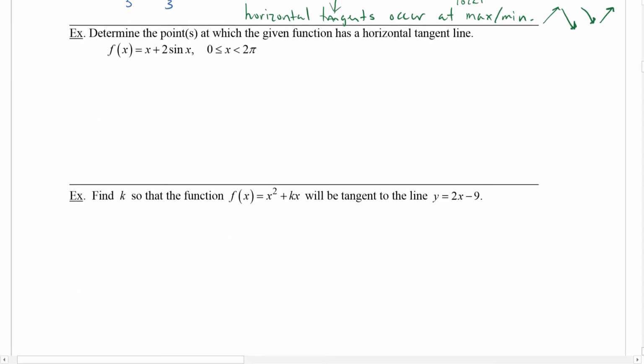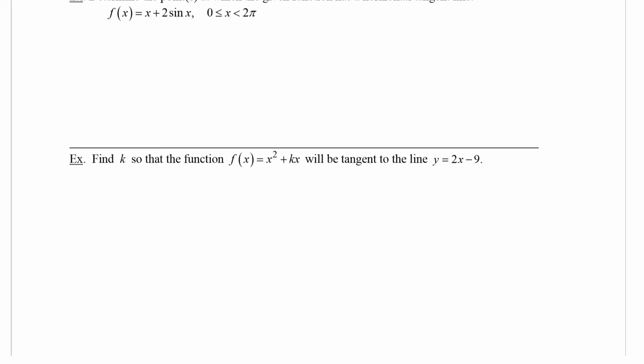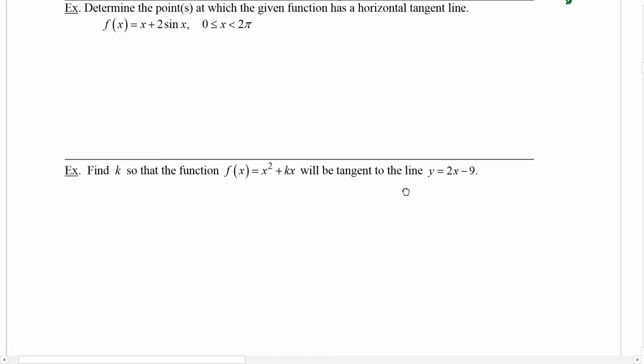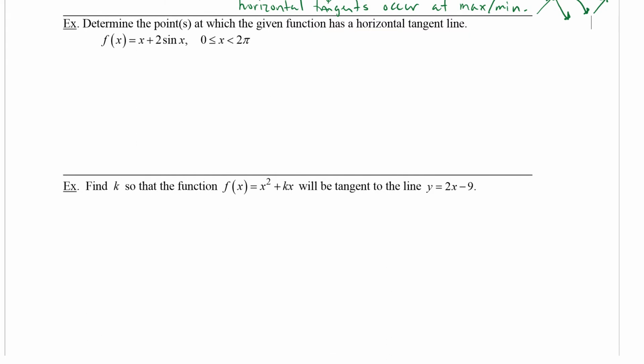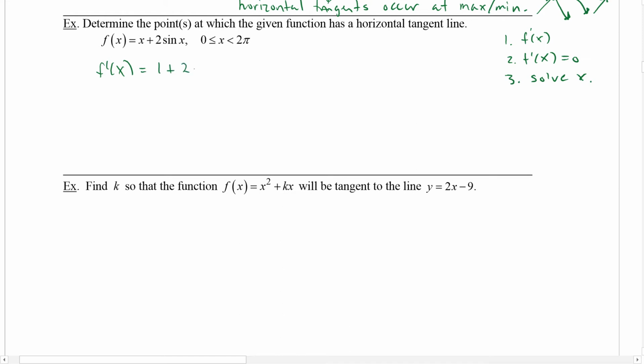Next example. Determine the points at which the given function has horizontal tangents. Okay, so same thing. First step, find the derivative. Second step, set it equal to 0. And third step, solve for x. F prime of x is equal to 1 plus 2 cosine x.